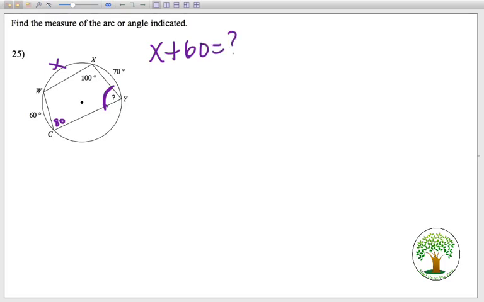We also know that this part is 100. If we double that, that's 200. We already have 60 of it, so that's 140 right there. All of these add up to 360.